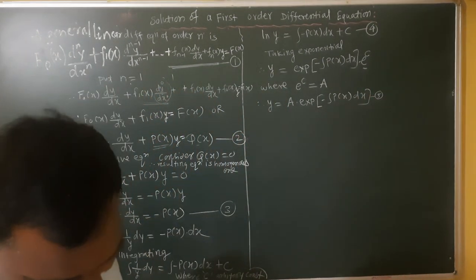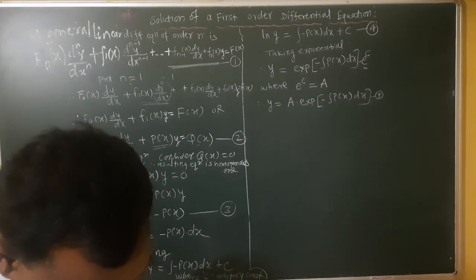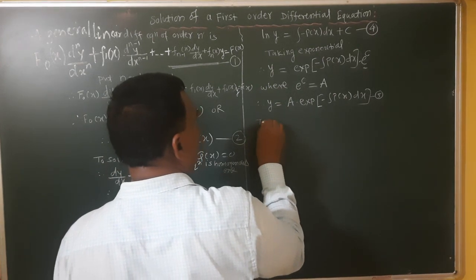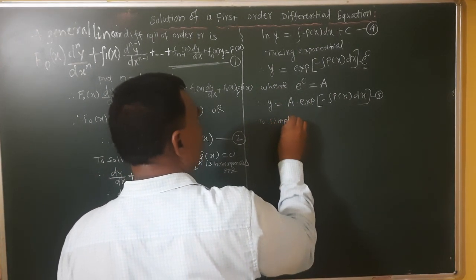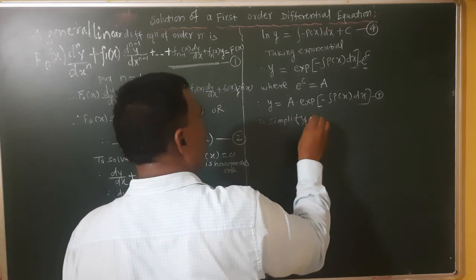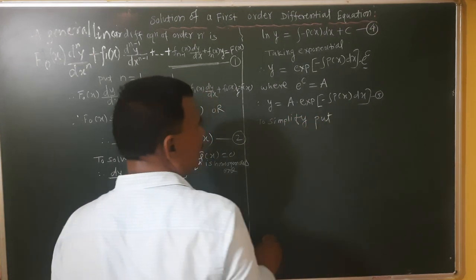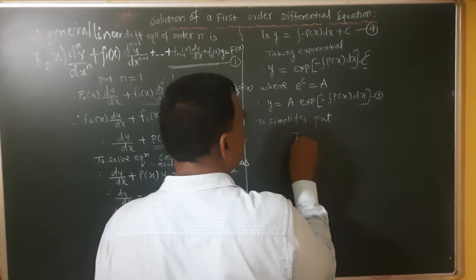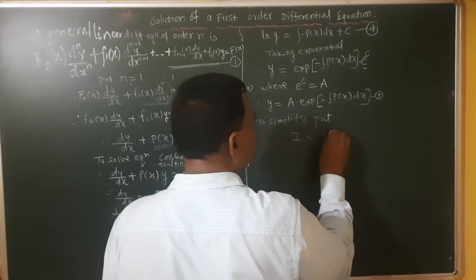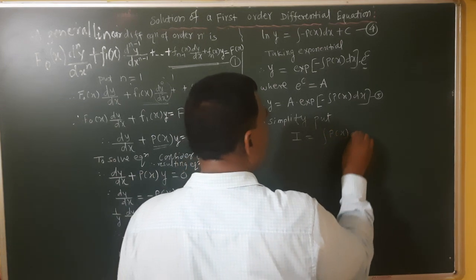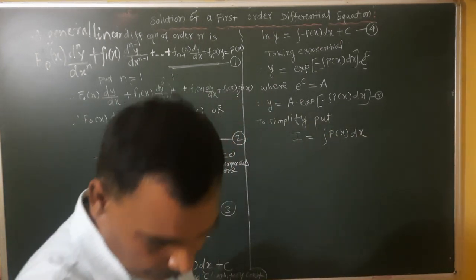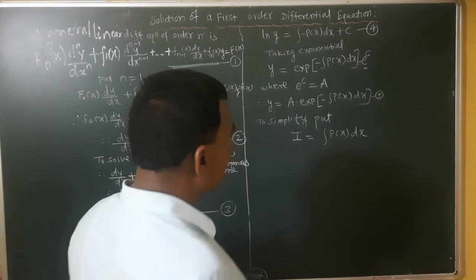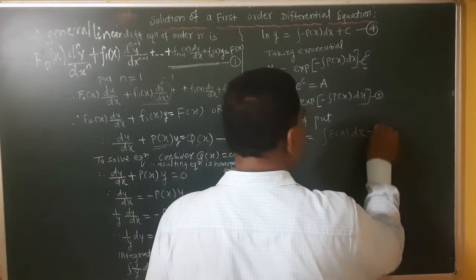After that, to simplify the notation, we put I is equal to integration of p of x into dx. This is equation number 6.